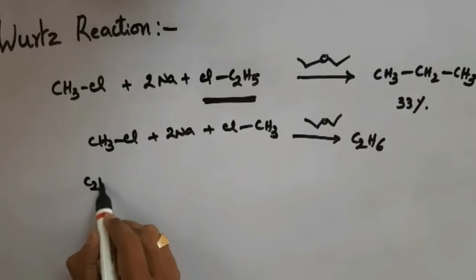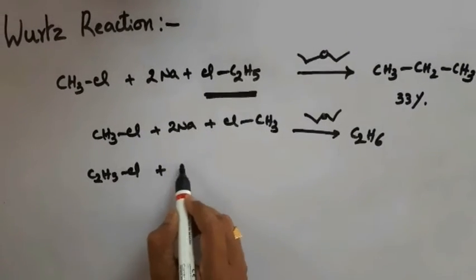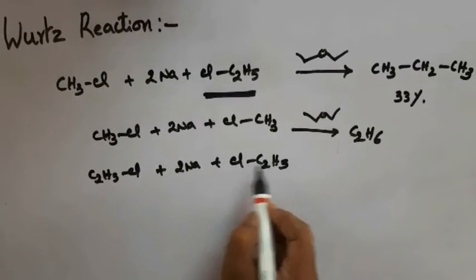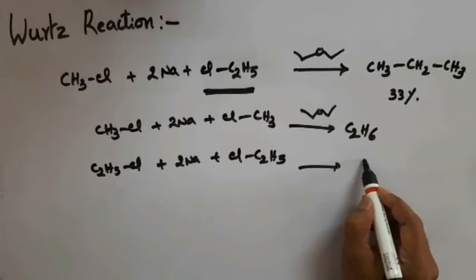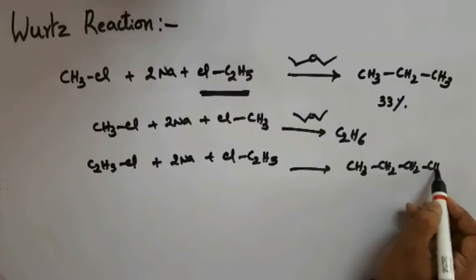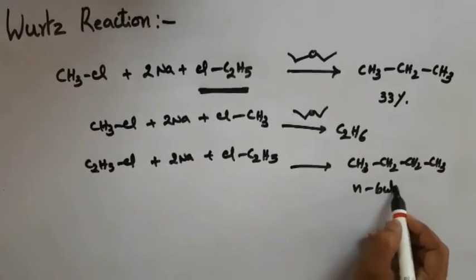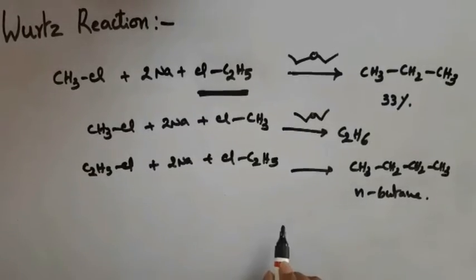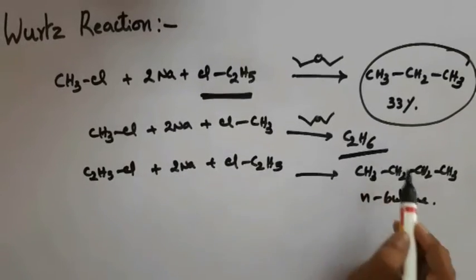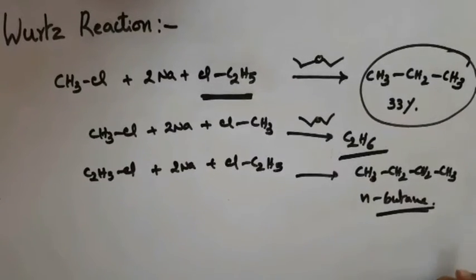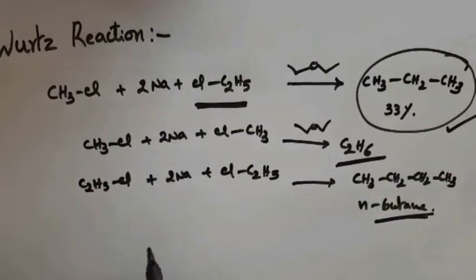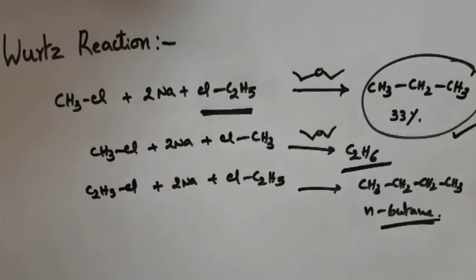So C2H5Cl is reacting with another C2H5Cl in presence of sodium metal to give you CH3-CH2-CH2-CH3, nothing but n-butane. So like this, instead of getting only propane, I am also going to get ethane as well as n-butane. Hence, only 1/3 of the desired product is formed. Hence, this particular Wood's reaction is not suitable to prepare unsymmetric alkanes.